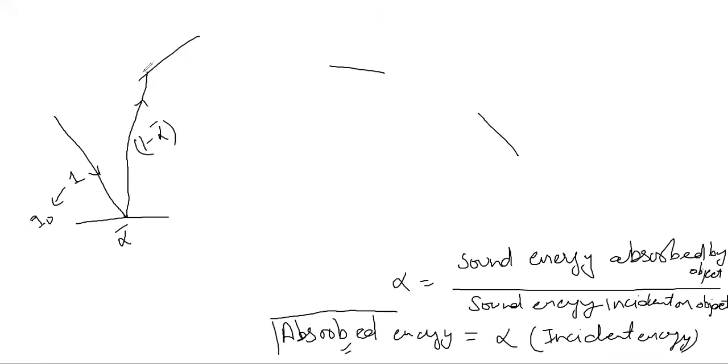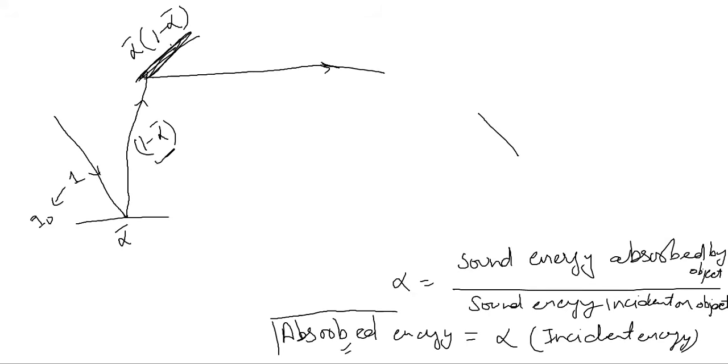Now, if you talk about how much energy will be absorbed on this second surface, the energy that will be absorbed is going to be the absorption coefficient, again, multiplied by incident energy. And the incident energy for this surface is 1 minus alpha bar. So this much energy is going to be absorbed here.